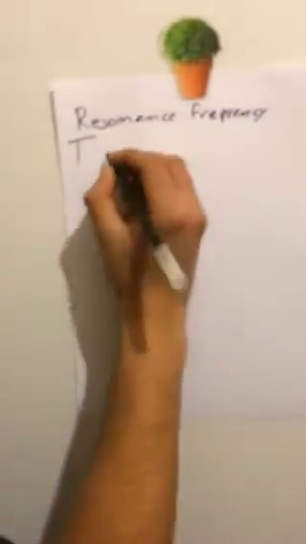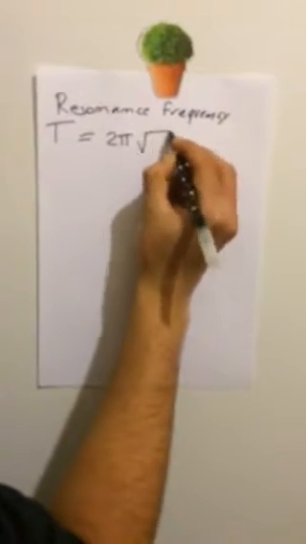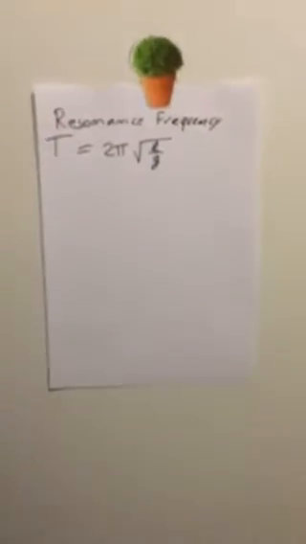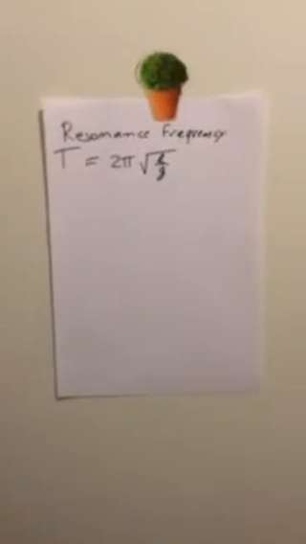First of all, we have to know that the period of a pendulum is given by T equals 2 pi times the square root of L over g, where L is the length of the pendulum and g is the acceleration due to gravity.